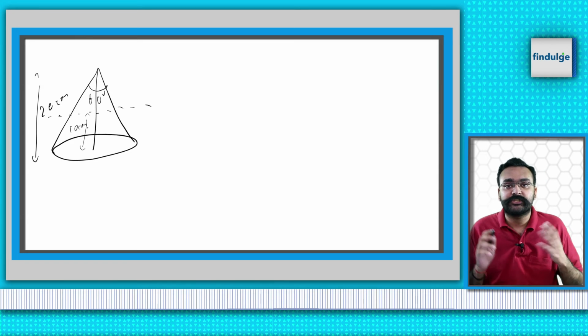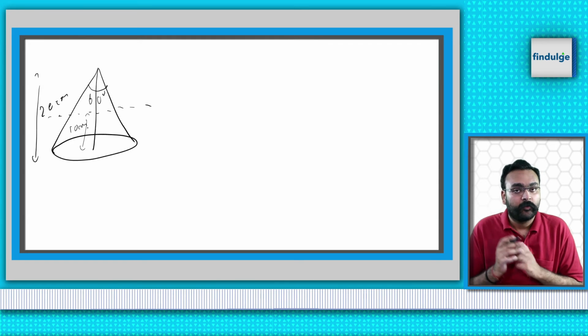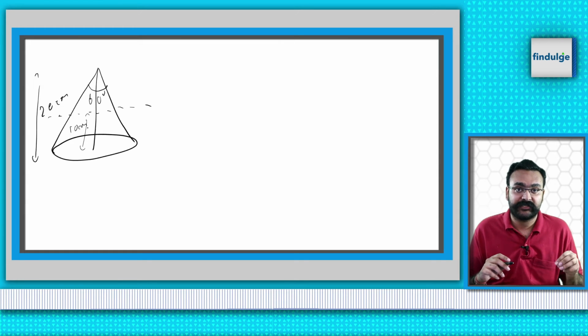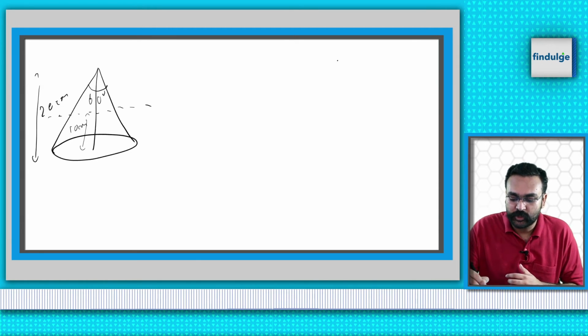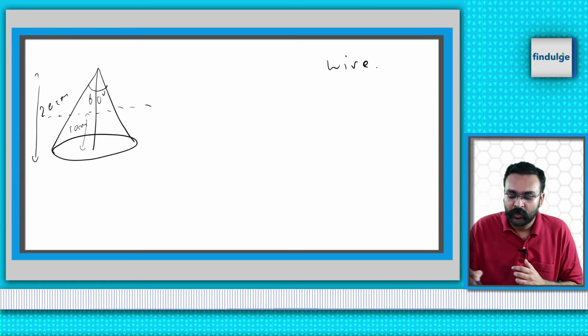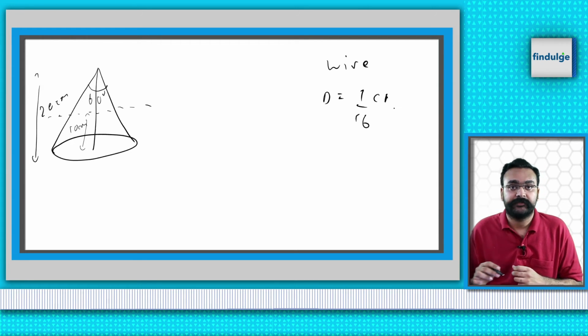We are told that this solid metallic frustum is then drawn into a wire of diameter 1 upon 16 centimeters.